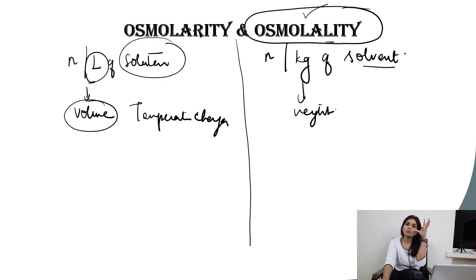When you take into consideration the whole solution, that measurement is going to be affected by the presence of other background solutes also. Do you understand this? So osmolarity is not only affected by temperature changes, it's also affected by the presence of background or permeable solutes. Please remember, osmotic movements are caused only by impermeable solutes.